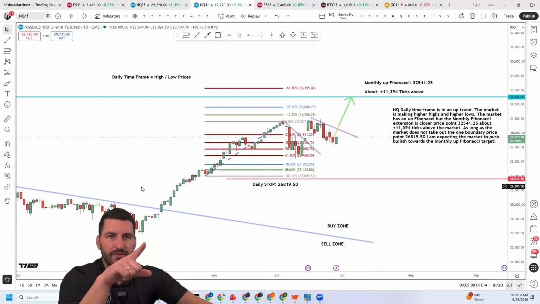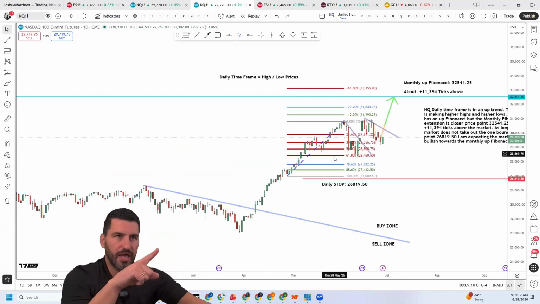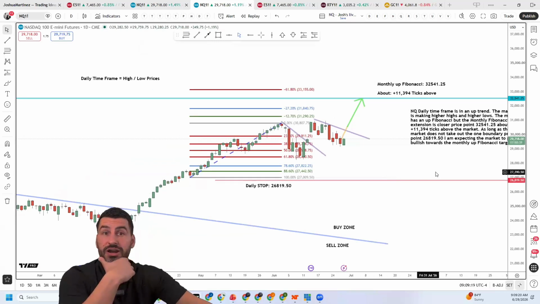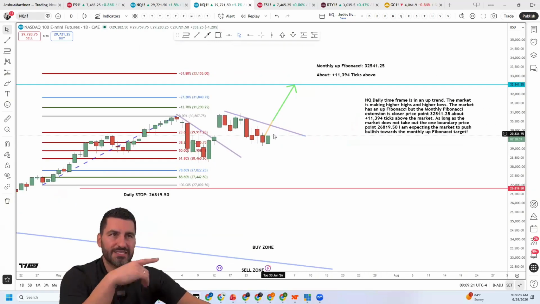So we have an uptrend, we have an up Fibonacci, we have a 618, we have a high higher than the previous high, we have a low higher than the one before. And what we're trying to decide is, is this going to be the low higher than this low to cause a rally?